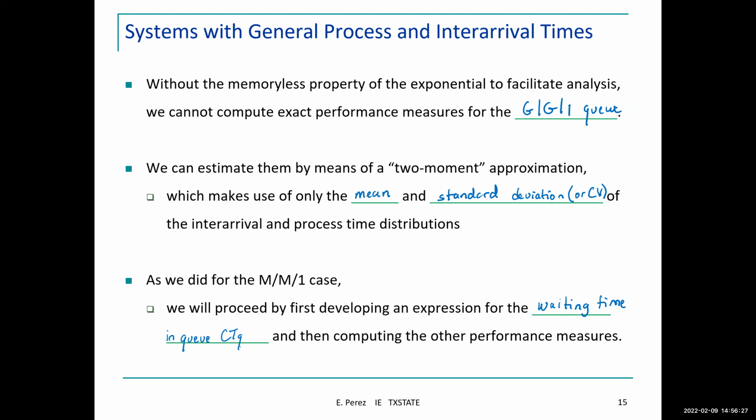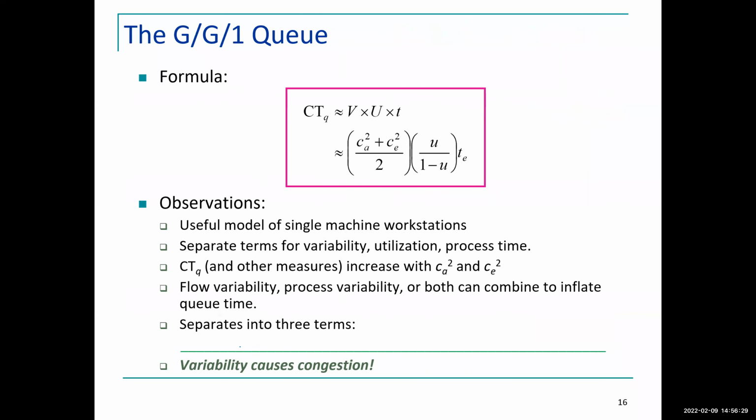So for the CTQ, for a GG1 system, we have an expression that considers the variability, the utilization, and the processing time.